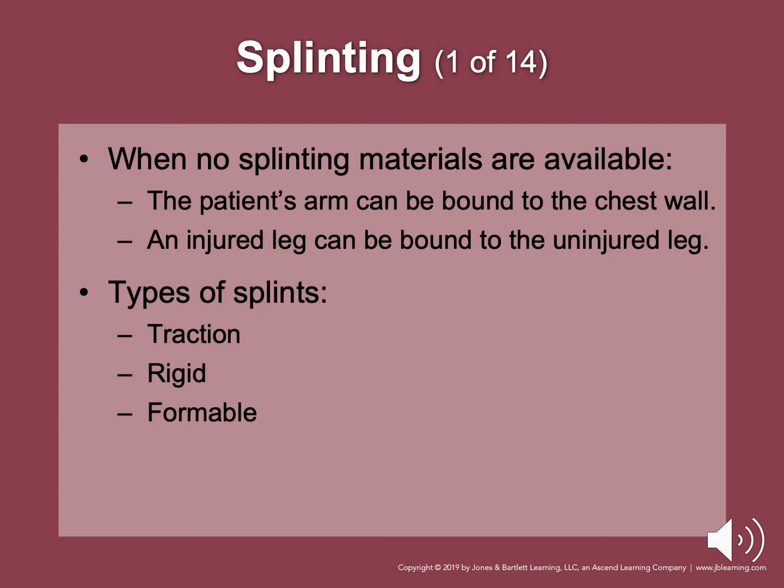Splinting: unless the patient's life is in immediate danger, splint fractures, dislocations, and sprains before moving the patient. When splinting materials are not available, the patient's arm can be bound to the chest wall, and the injured leg can be bound to the uninjured leg. There are 3 major types of splints: traction, rigid, and formable.